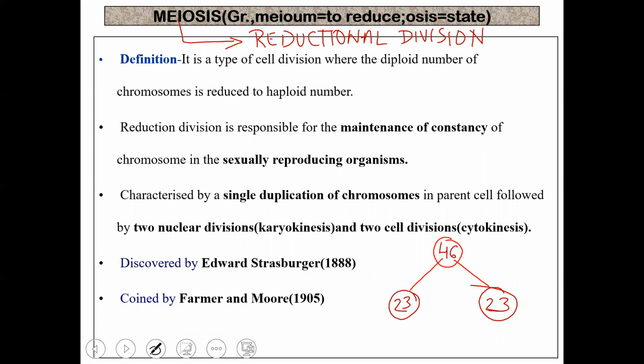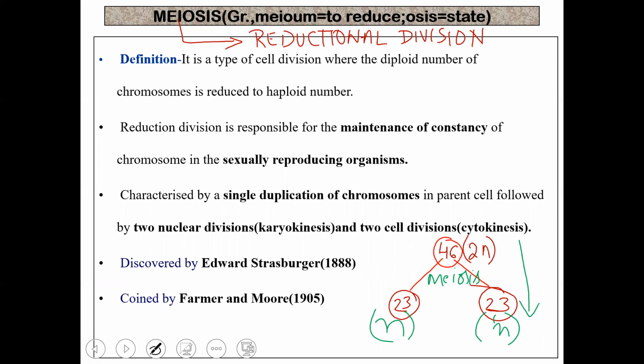So this type of cell division where a diploid number of chromosomes, represented by 2n, that is the diploid condition, undergoes meiosis to form the daughter cells, and these daughter cells are reduced into half. The condition is haploid here. This type of division is called as meiosis. Since there is reduction in the number of chromosomes, we call it as reductional division.